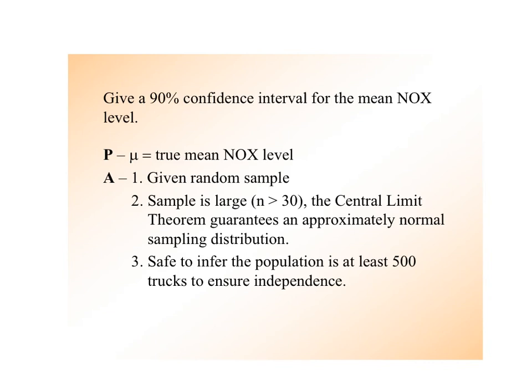And then in part A, we're going to do a checklist. So as you're working on the problems, make sure to put P, and then next to P, put the parameter that we're looking for with the symbol that corresponds to that parameter. In this case, the symbol for mean. And then acronym A, right?